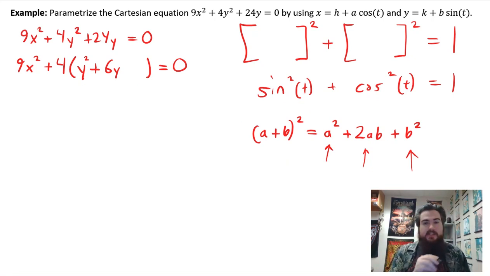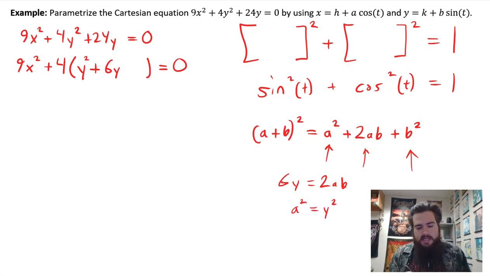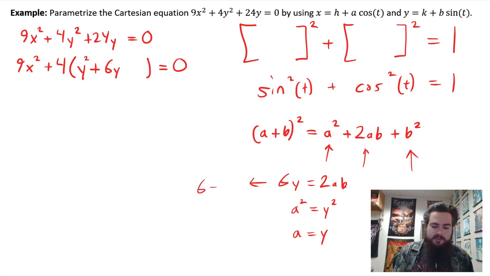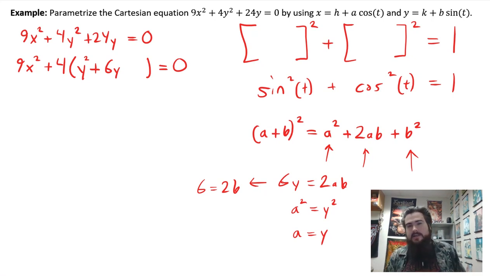Now, if 6y is supposed to be 2ab, and we called a squared equal to y squared, then that means a is just y, and therefore, in this equation, I could also just say that 6 is equal to 2b, as y is taking up that variable of a.